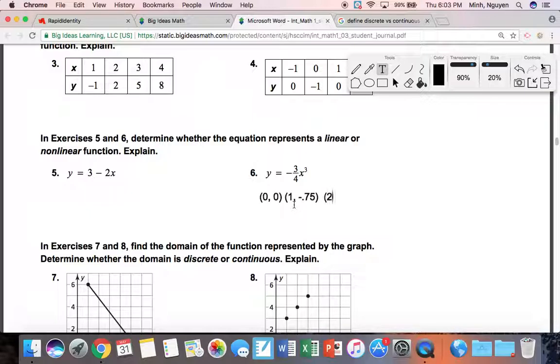And then 2 times 2 times 2 is 8. 8 times negative 3 is negative 24. Negative 24 divided by 4 is negative 6. So here our x's are changing consistently, adding by 1, adding by 1. Right now it looks like this is linear, and we have down by 0.75, and then down by 5.25, and now we can see this is not consistent, not linear.